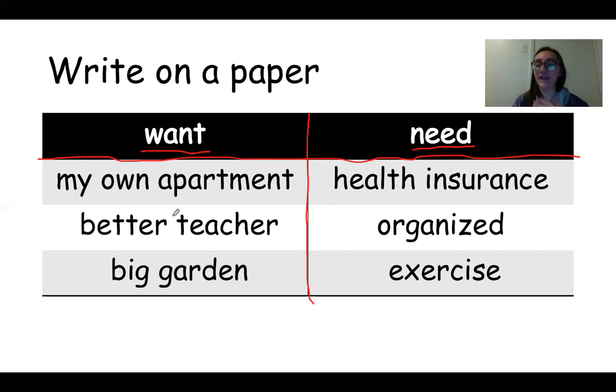So for me, I wrote things that I want, but it will be things that you want. So for example, some things that I want is I want my own apartment. I want to be a better teacher. So I wrote better teacher. I also want a big garden. So I put big garden.